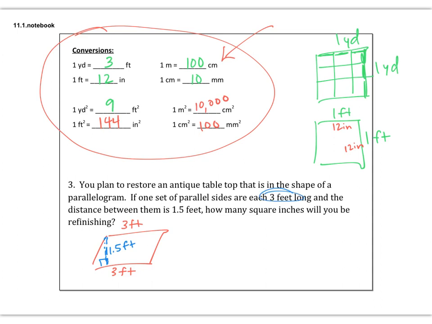Notice they gave our measurements in feet, but they want to know how many square inches we'll be refinishing. So convert at the start. 3 feet, if you multiply by 12, 3 times 12 is actually 36 inches. So our parallelogram, instead of being 3 feet long, I would use 36 inches long.